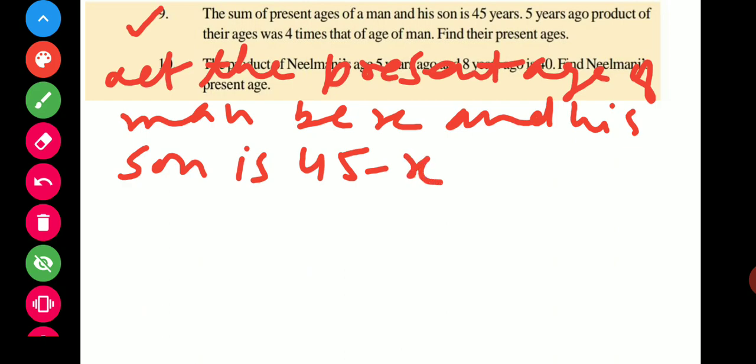So you can write x and 45 minus x. So according to the question, what will happen? 5 years ago means in 5 years ago both their ages will be less. So from x also 5 will be less, and here from 45 minus x also 5 will be less.